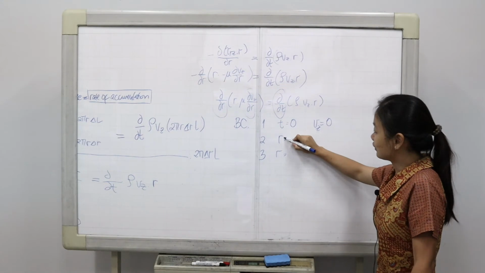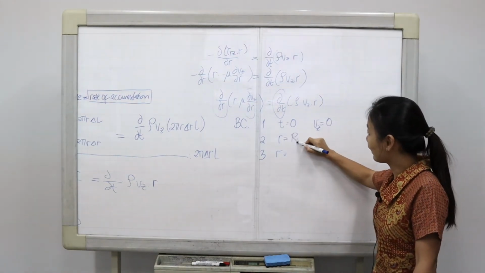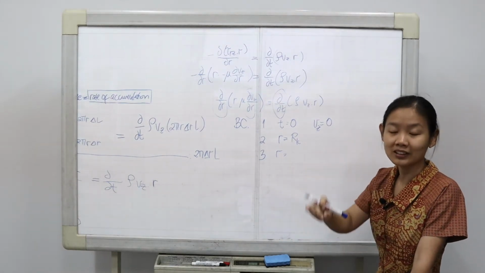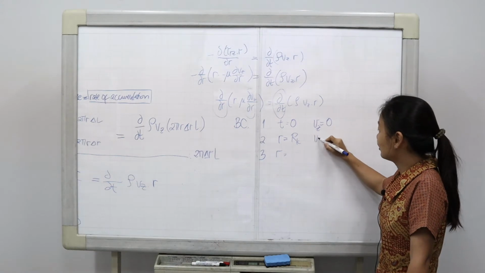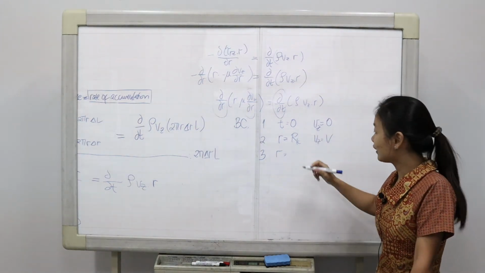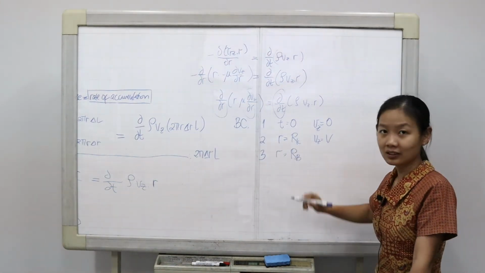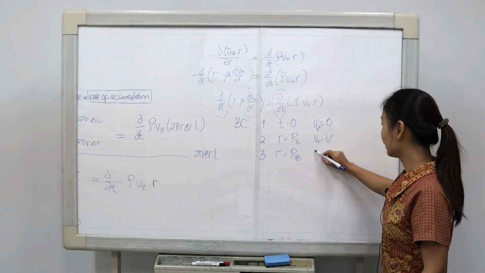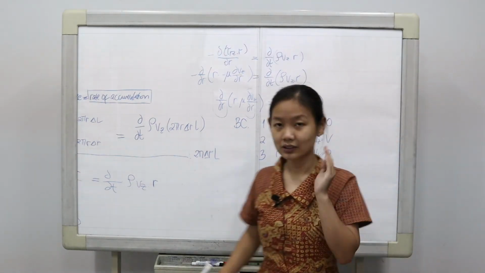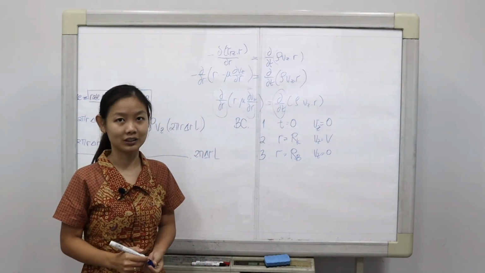Second boundary condition, at r equal to rk, at the outer surface of the inner cylinder, Vz is v. And the third boundary condition at r equal to rb, the big cylinder, Vz equal to 0. So that's how to solve problem number 3.